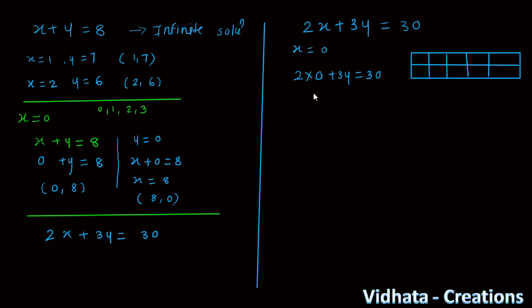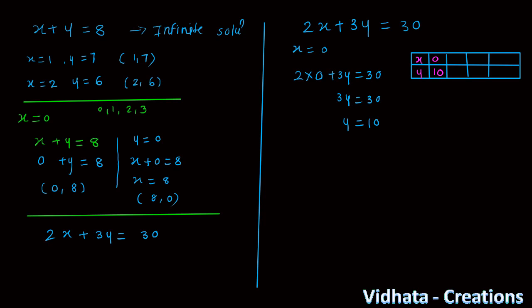Now 0 into 2 is 0, therefore we get 3y is equal to 30, meaning the value of y is 30 upon 3, which is 10. Got it? Thus if we put the value of x here and the value of y here, the value of x we took is 0, and the value of y we got is 10. Like this you can put the values in the table.